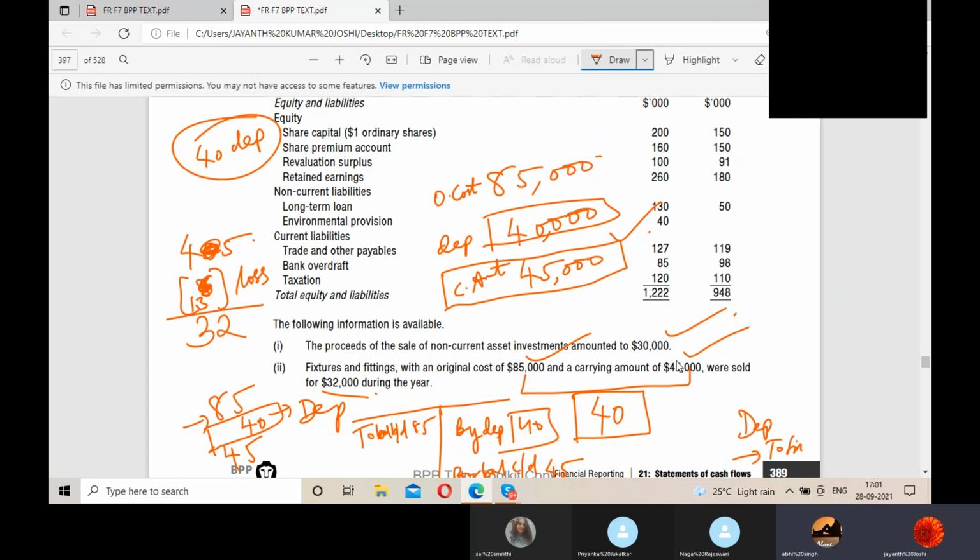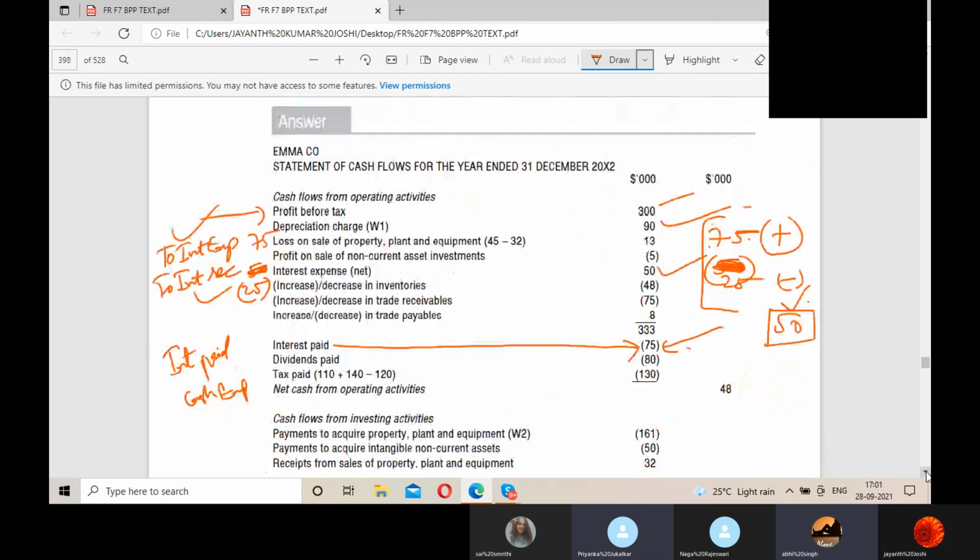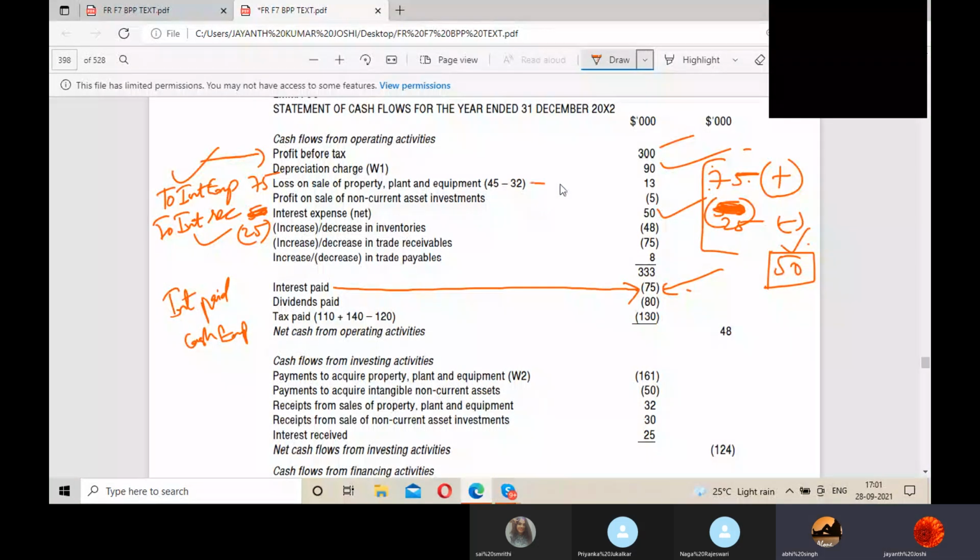See, the 45 asset you sold for 32, so the loss is 13,000. Yes, sir. So that 13 is also adjusted. So all of you, till here, if you have any doubts, you can ask me. I'm just waiting.